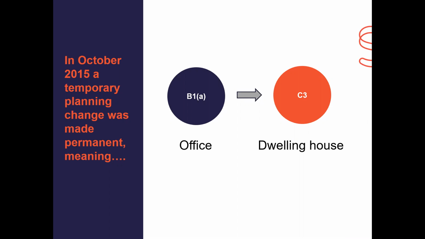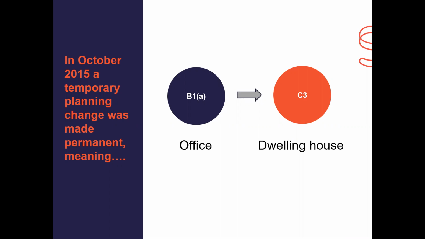And what that meant was, across the country, unless opted out of, you could now find any B1A office and convert it into a series of flats, a house, whatever it lent itself to, without needing to go through planning.